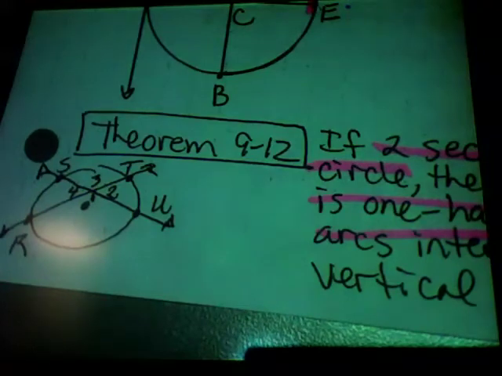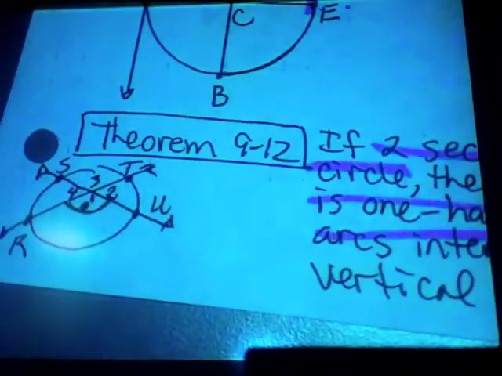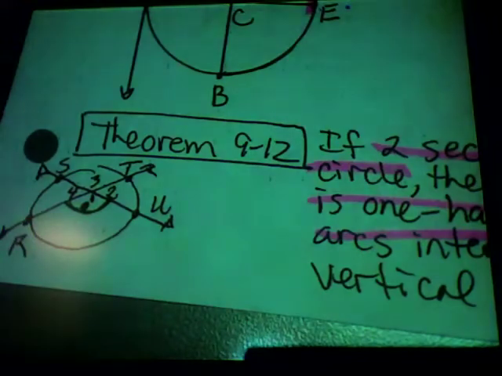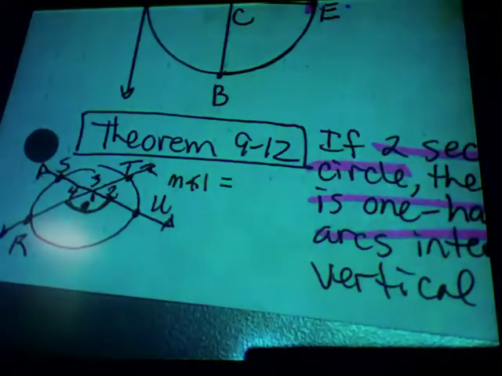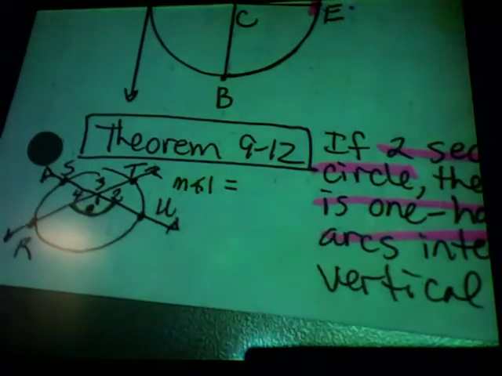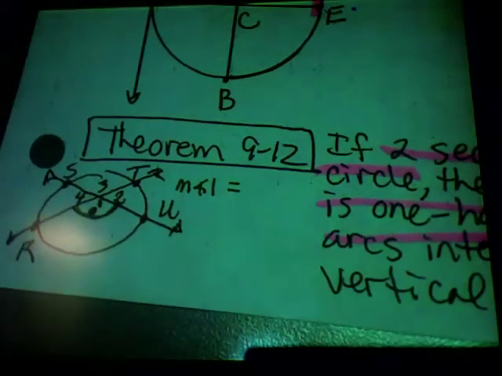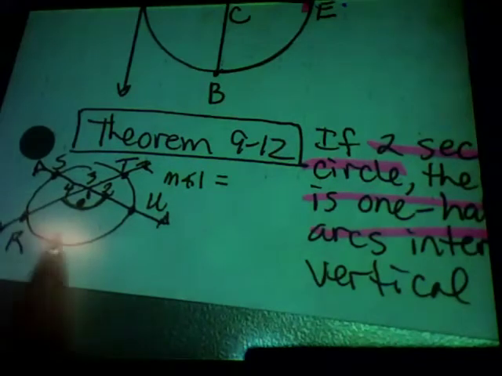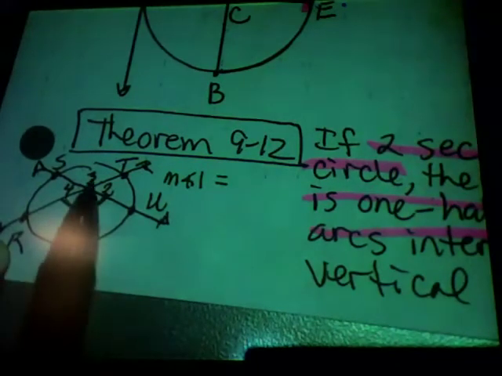All this is saying is, suppose that I was looking at the measure of angle 1, right there. I wanted to find the measure of angle 1. The measure of angle 1 is equal to, and it says, half the sum of the measures of the arcs intercepted by the angle and its vertical angle. This is the angle, and isn't 3 the vertical angle?